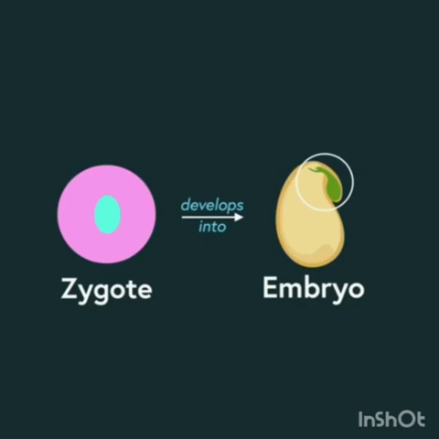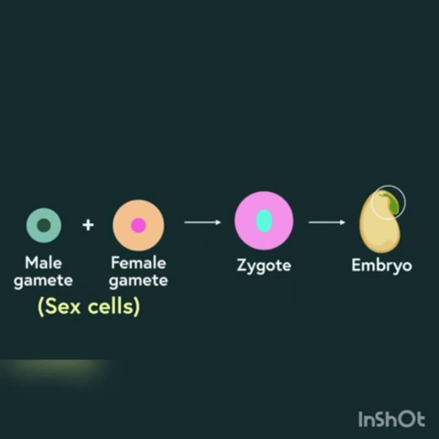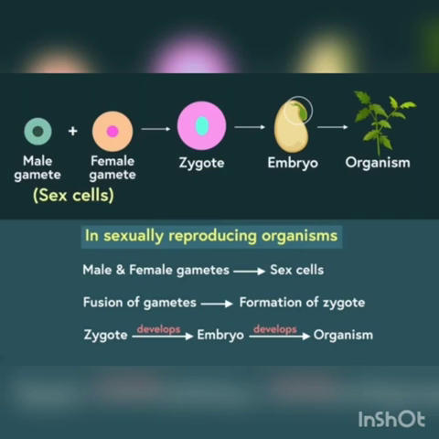So, gametes are the special cells called sex cells present in organisms that participate in sexual reproduction. Fusion of the two gametes, one from the male and the other from the female, will give rise to a zygote, which will further develop into an embryo. This embryo grows and develops into a baby organism.